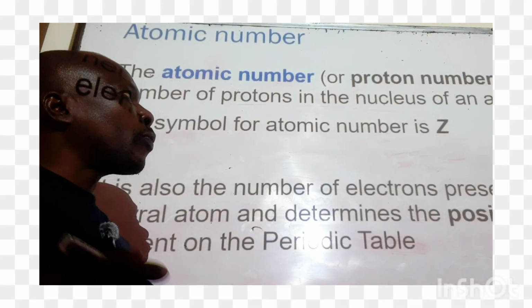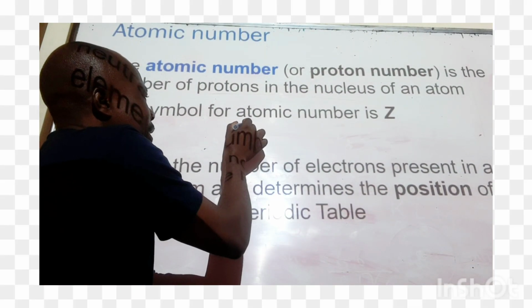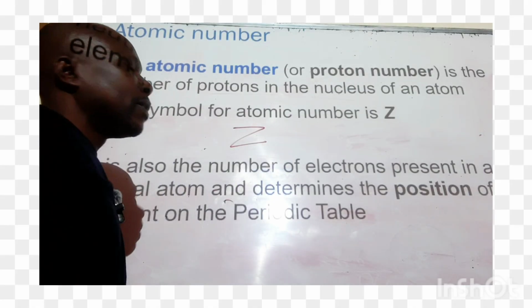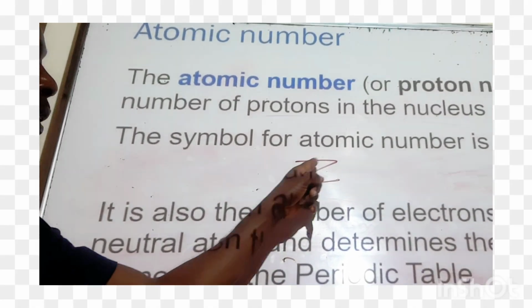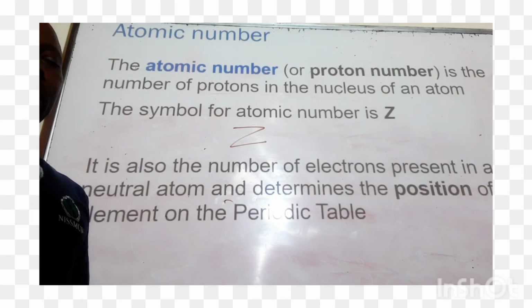Now, the number of protons, or the atomic number of an element, is usually represented by the symbol Z. Z denotes the atomic number of an element.